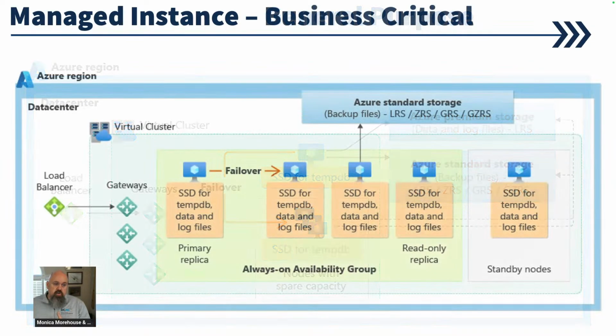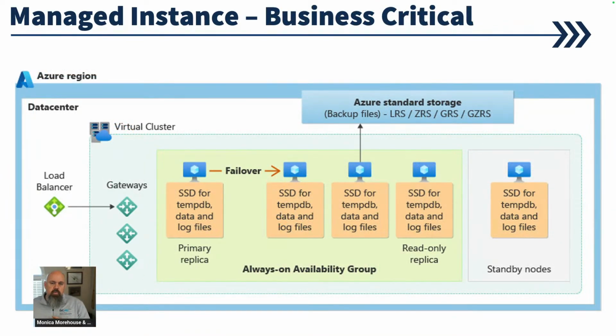If we talk about Business Critical, it's more like an availability group behind the scenes. So if you've ever dealt with availability groups within SQL Server, the architecture functions like that. But we do get 4 copies. But you also notice here that the data files and the TempDB are all stored on locally attached SSDs.